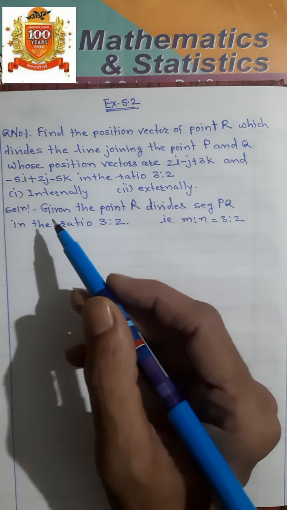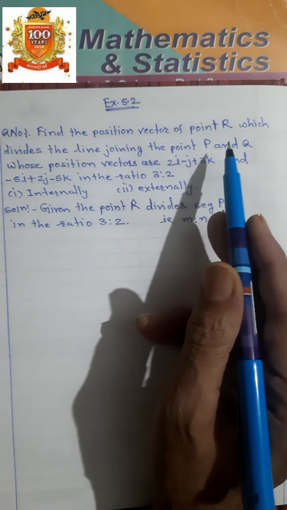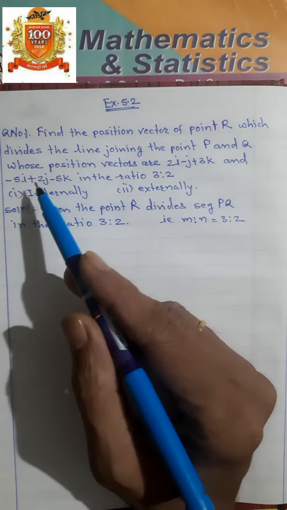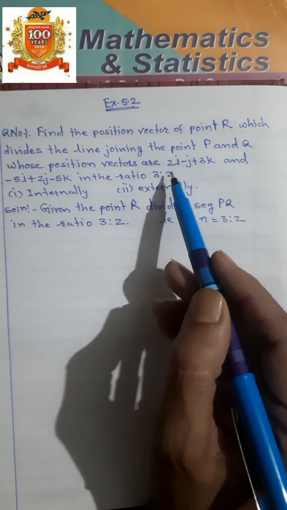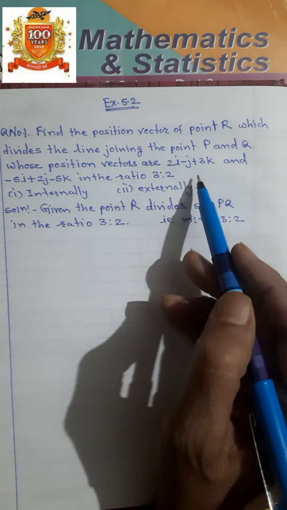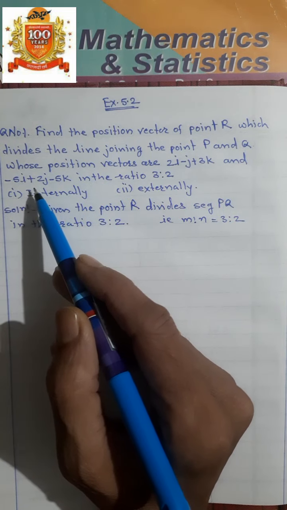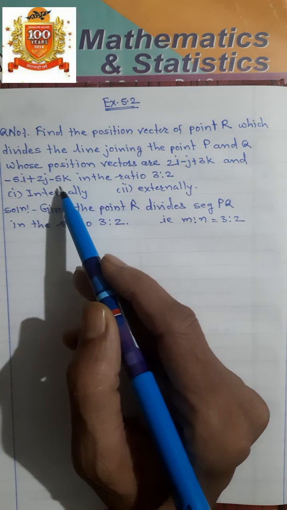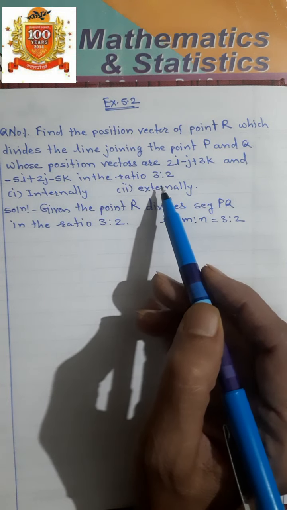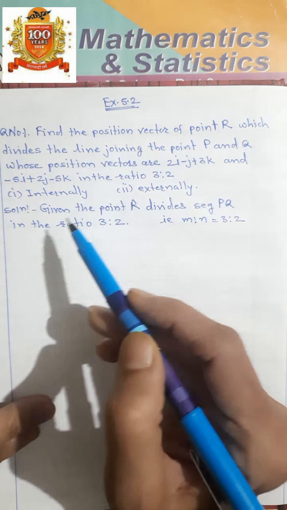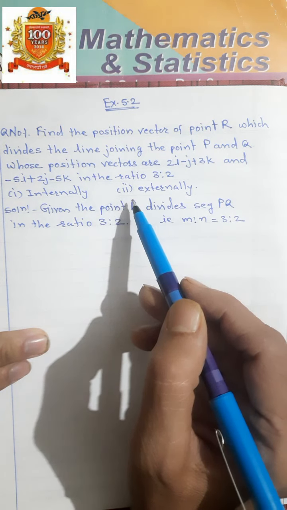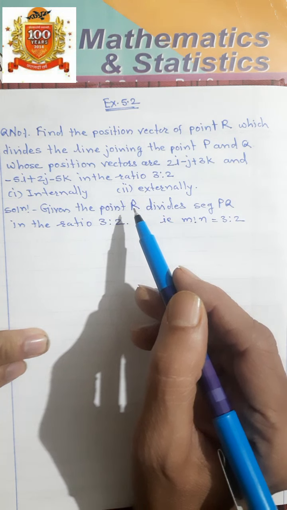The question is: find the position vector of point R which divides the line joining the points P and Q, whose position vectors are 2i minus j plus 3k and 5i plus 2j minus 5k, in the ratio 3:2, internally, and second, externally. Let us solve these questions one by one.